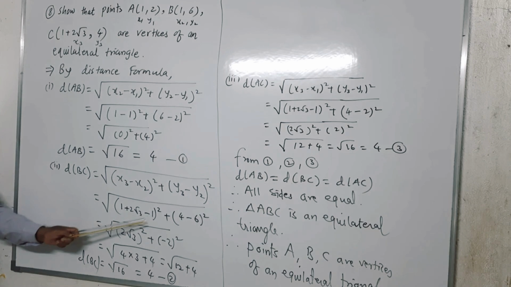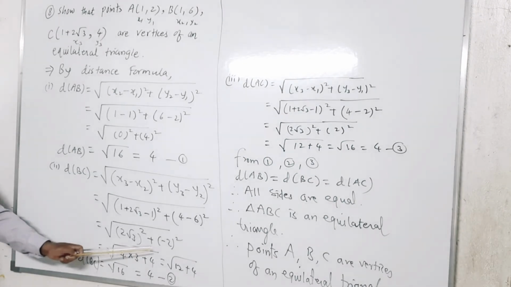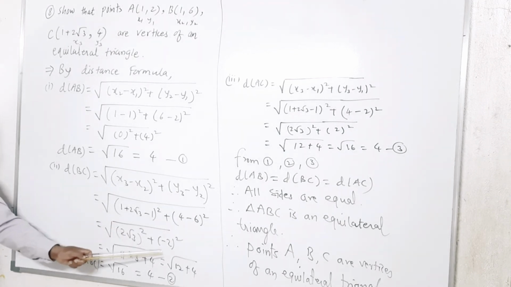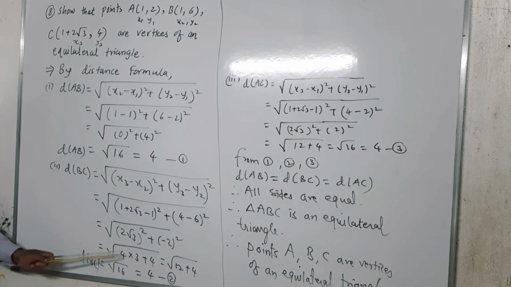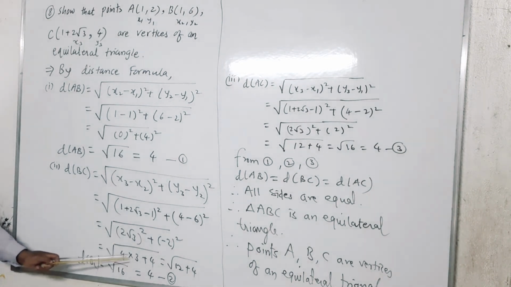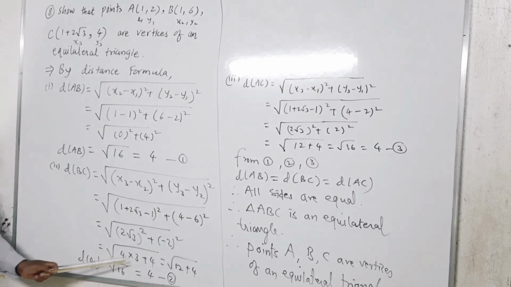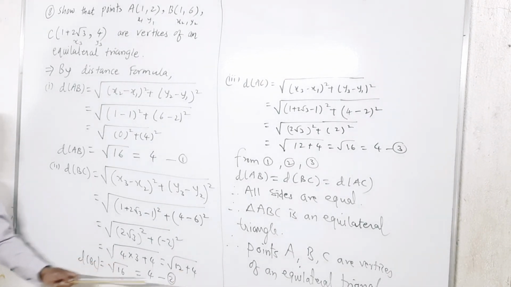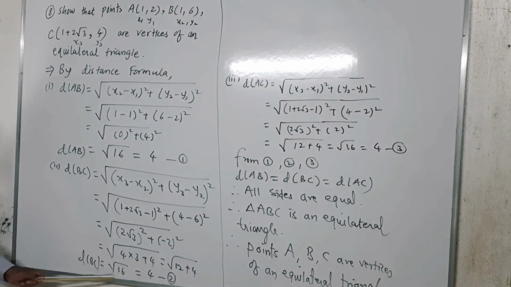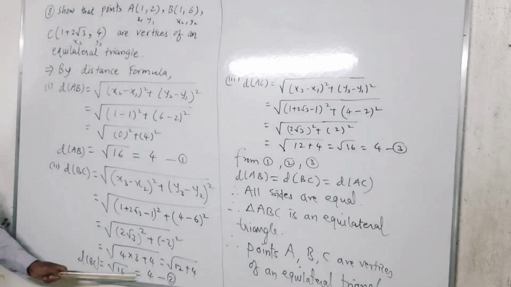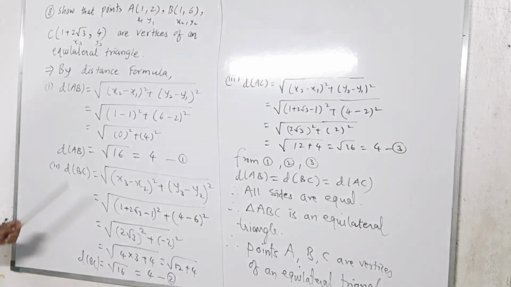Now 1 minus 1 is 0, that is (2 root 3) square plus (4 minus 6, that is minus 2) square is equal to 2 square is 4, root 3 square is 3, 4 into 3 is 12, plus minus 2 square is 4. So distance BC is equal to 12 plus 4, root 16, which is equal to square root of 16 is equal to 4. Number 2.